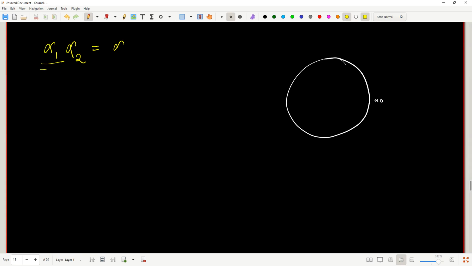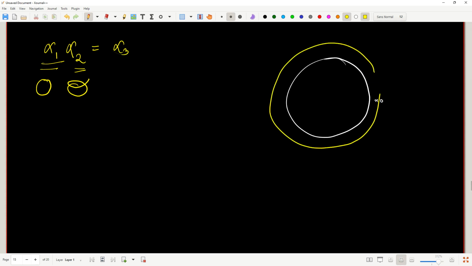So take alpha 1 and alpha 2. This is just a one loop, and this is the two loop thing. You are circling the circle twice. You are rotating around the circle twice. Okay? This should give you alpha 3. That's my claim. And the way to see it is that, let's say this is the first loop. You go around once, right?